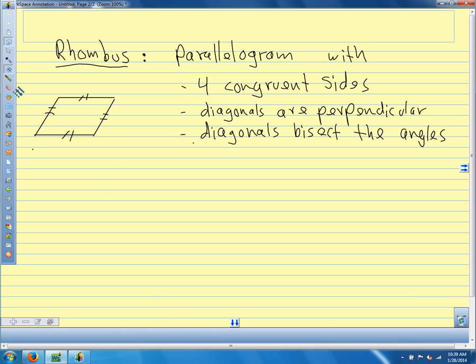So if I were to draw a diagonal here on my rhombus, it would split these angles in half.